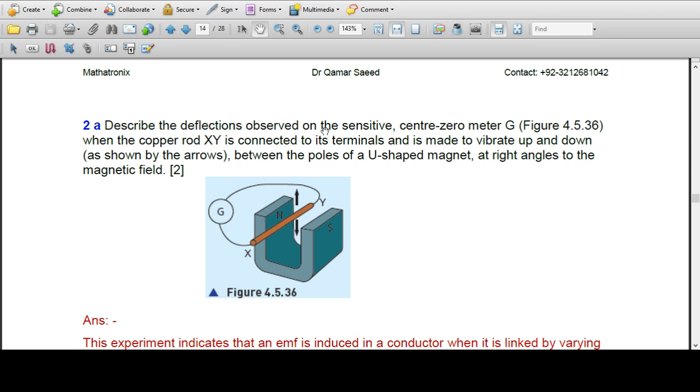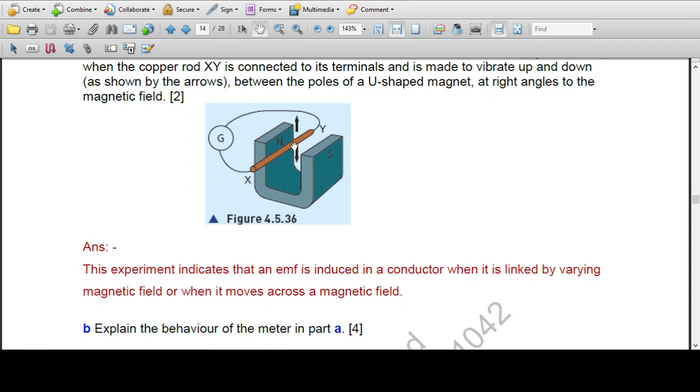Describe a deflection observed on the sensitive center 0 meter G when copper rod XY is connected to its terminal and is made to vibrate up and down as shown by the arrow between the poles of a U-shaped magnet at right angle to the magnetic field. So here we are moving up and down. This experiment indicates that an EMF is induced in the conductor where it is linked by varying magnetic field.